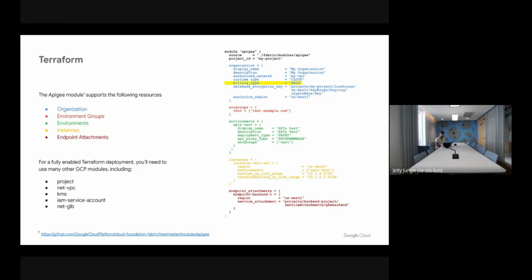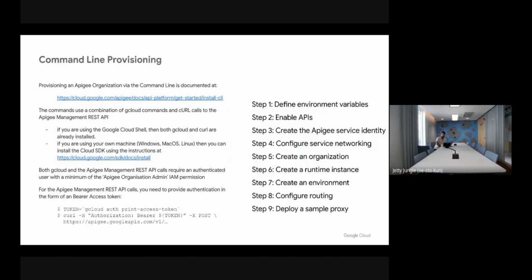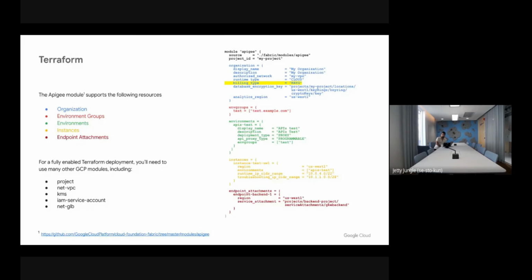For example, a lot of our customers use Terraform because if they plan to, let's say, destroy this instance and maybe they want to spin up the same configuration in another region or for another org, they would simply reuse this Terraform configuration to do the same deployment again without having to go through these manual steps. So this ends this part for Apigee provisioning.